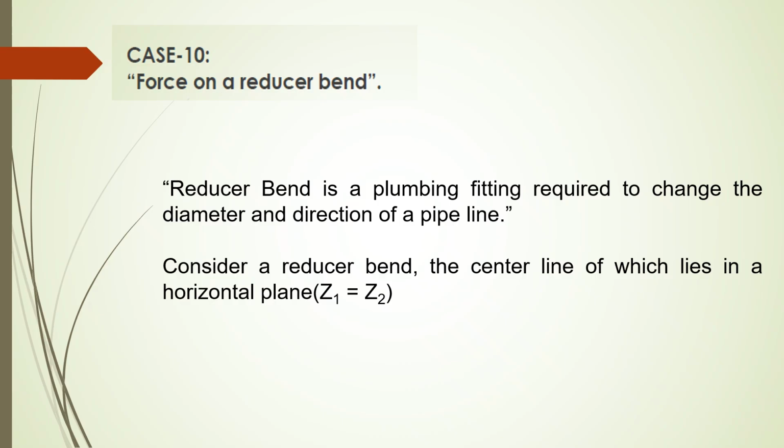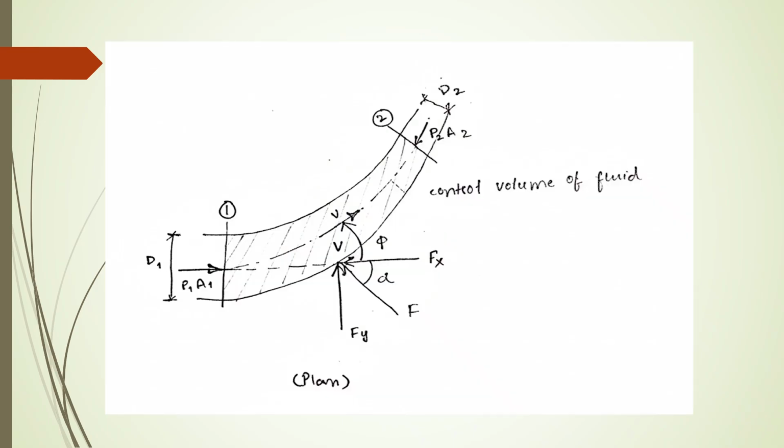Similarly, if the bend is there, then you have to see in which plane that bend is. We can consider the horizontal plane, where both elevations are equal. If we draw the plan view, then we have on one side the larger diameter at cross section 1. Then after bending the pipe in the other direction, we have the diameter D2.